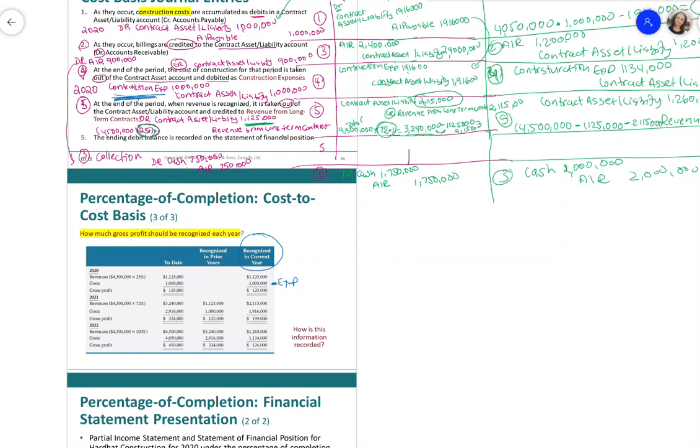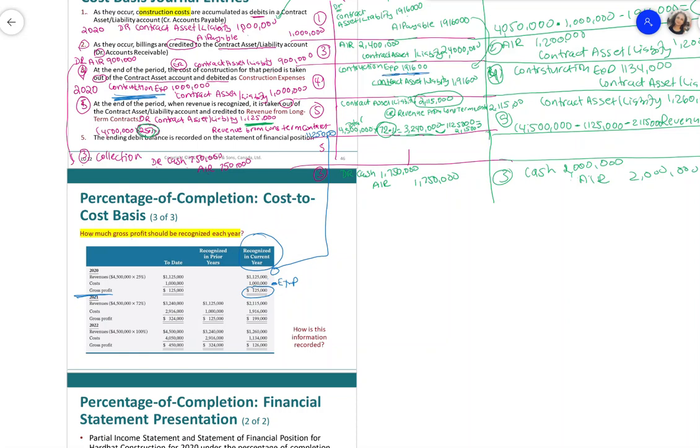What was my revenue? Your revenue was here, 1,125,000. So you are taking the revenue minus the expenses, and that is your profit for the current year. So in the first year, the profit you're going to recognize is 125,000.